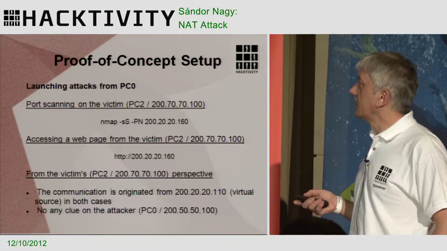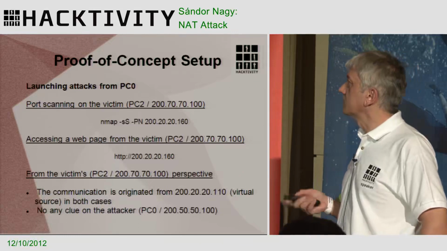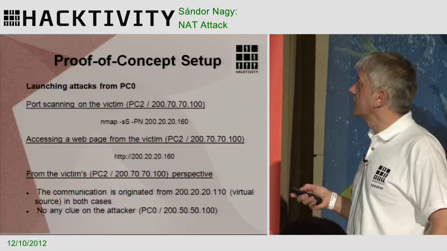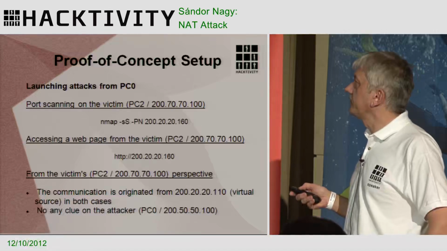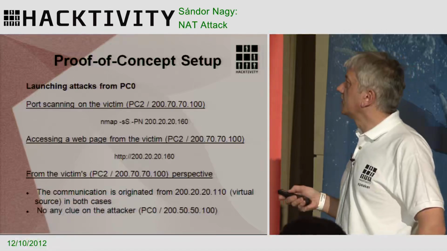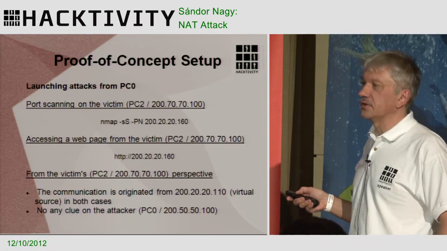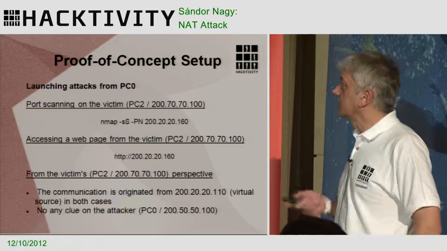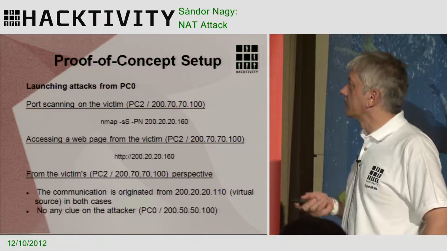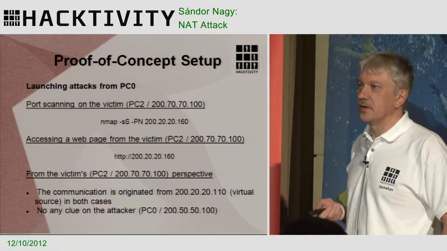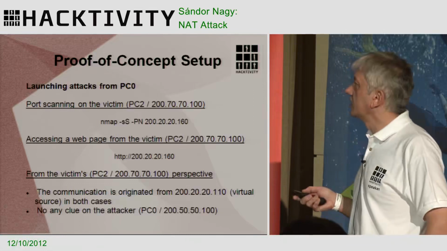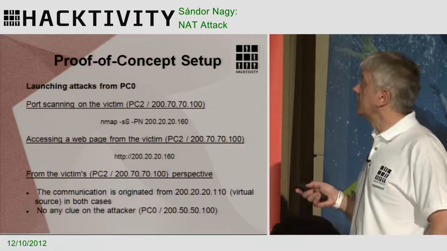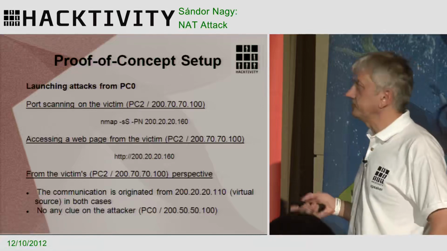If the attacker wants to launch an nmap scan against the victim, the attacker needs to specify the virtual target IP, and because of this configuration, the attacker is able to scan the victim.